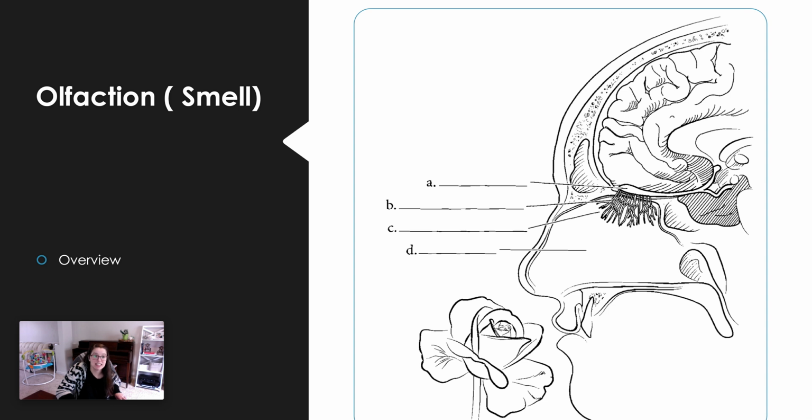So let's get into olfaction, which is smell. If you recall with our brain dissection, you should have seen the olfactory bulbs. They were kind of like little antennas in the anterior, inferior portion of the brain. Off of the olfactory bulbs, you have these olfactory filaments. In other words, nerve fibers.